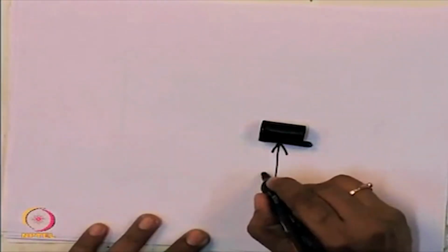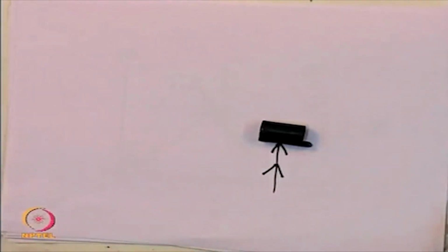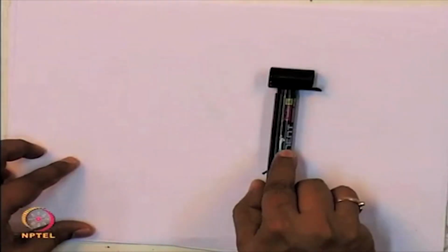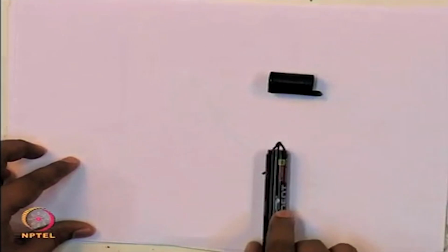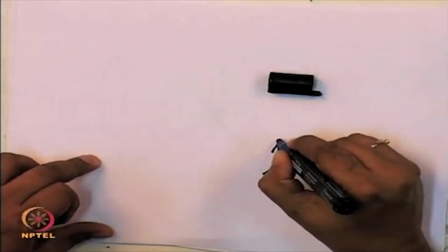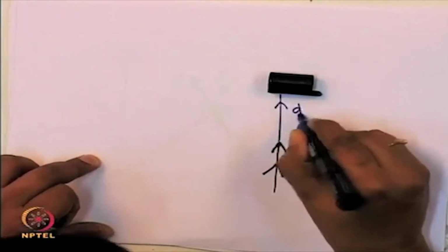So, this is your direction of the force. Let me apply this force in this particular direction. I applied this force and made it move in this particular direction. So, this is the direction in which it moved, this is d.